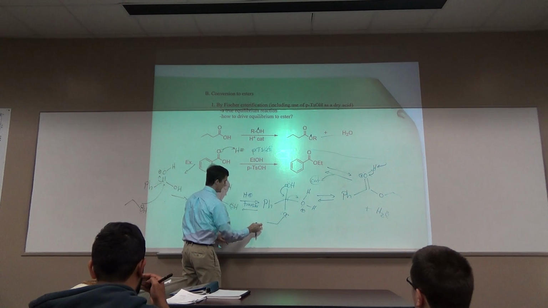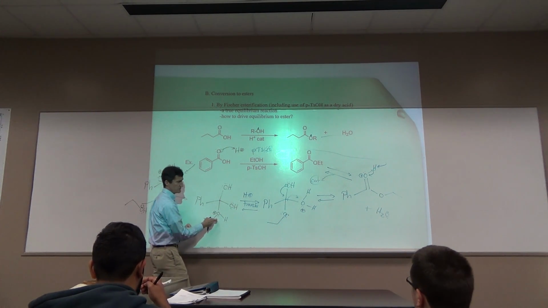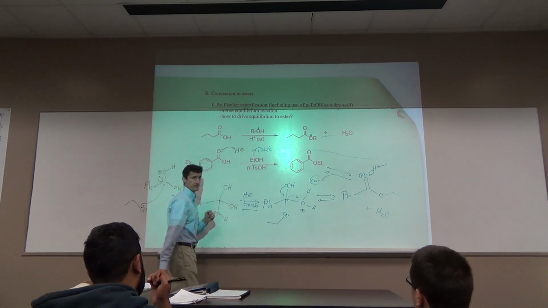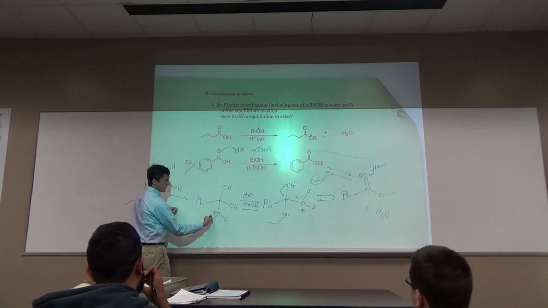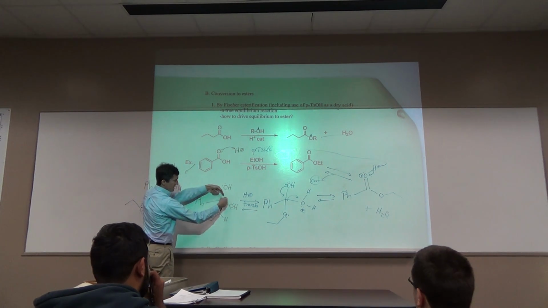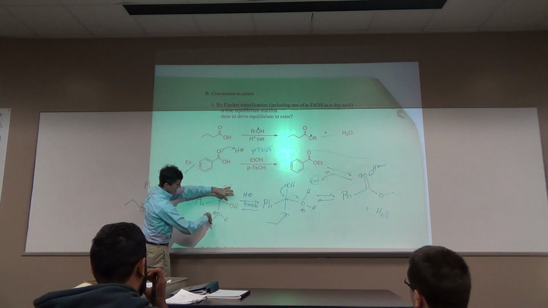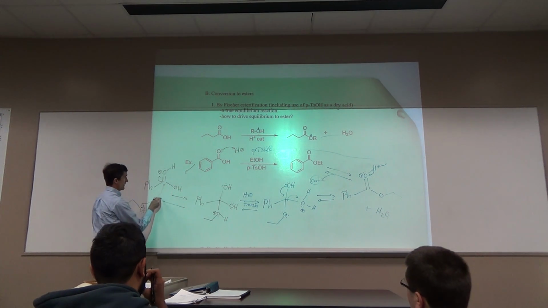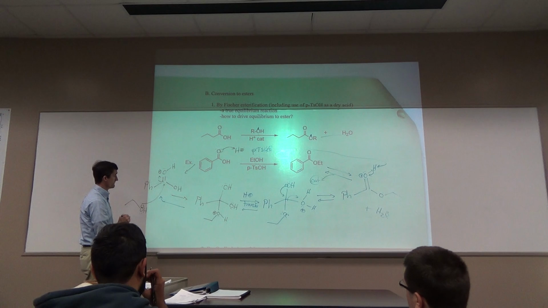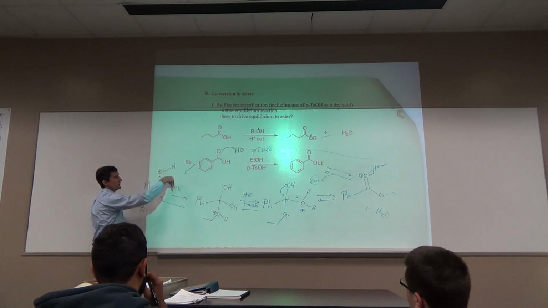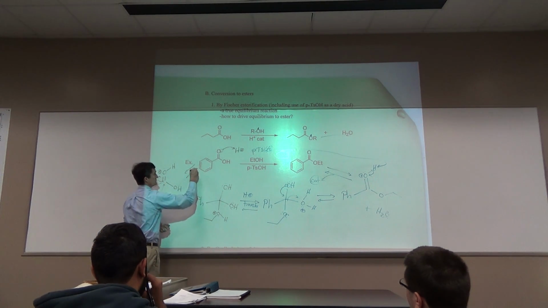Why would the proton prefer to sit on that oxygen rather than this oxygen? They're both equally basic. And at this point, could we reform the pi bond from one of these oxygens and kick off the ethanol? Sure, why not? And at this point, could you lose a proton and go to neutral? Sure, why not?